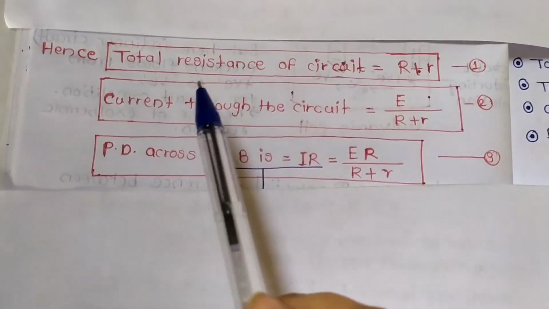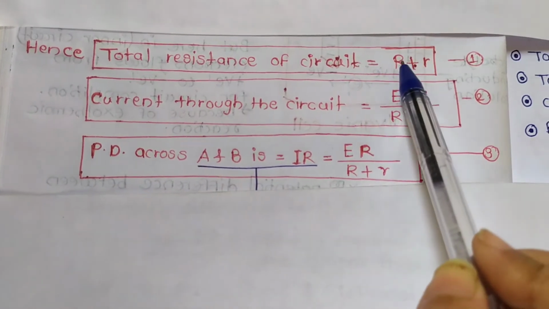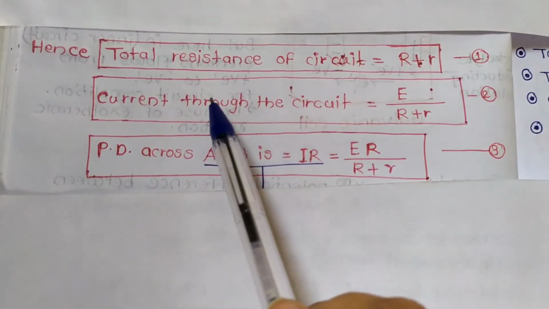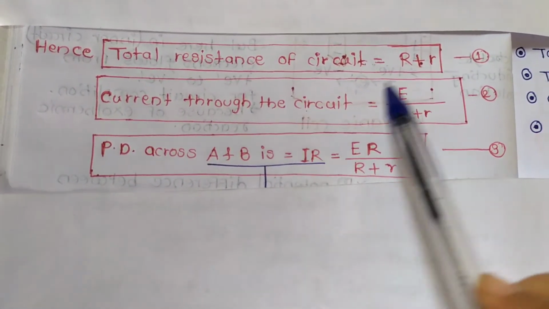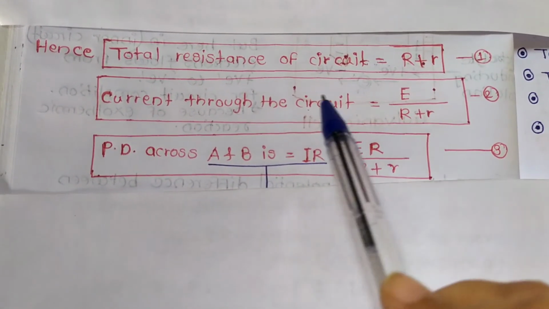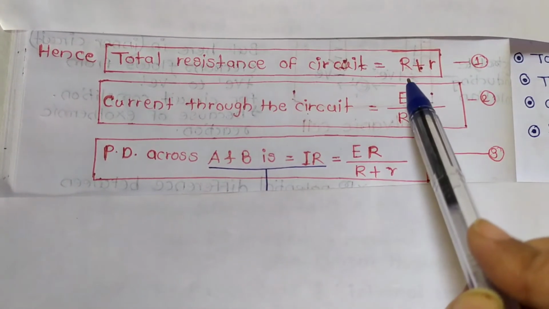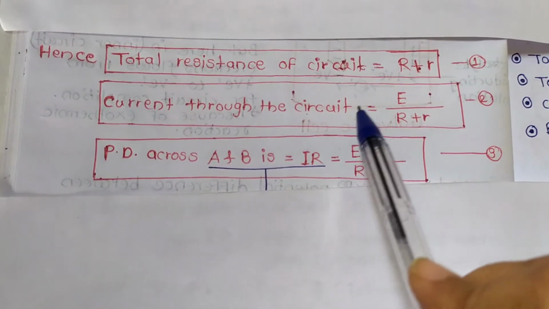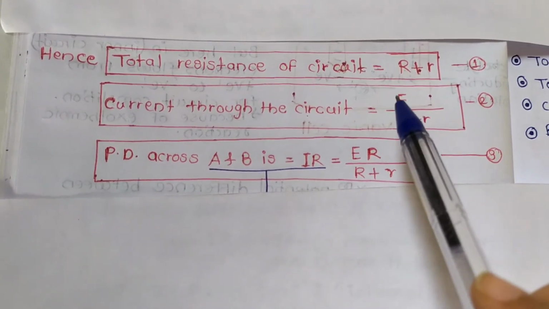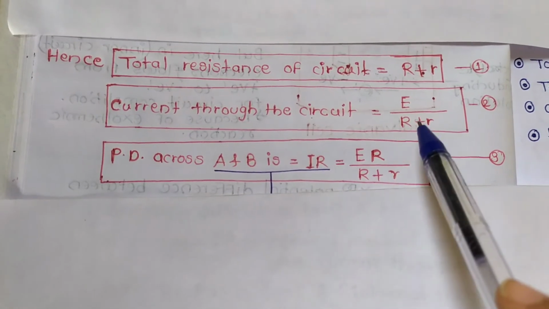Total resistance of the circuit is R plus r, and current through the circuit is E by R plus r. According to Ohm's law I is equal to V by R, but here, when the internal resistance is present, it is E upon capital R plus small r.